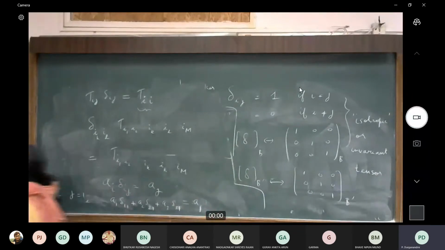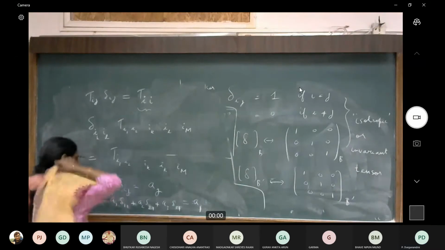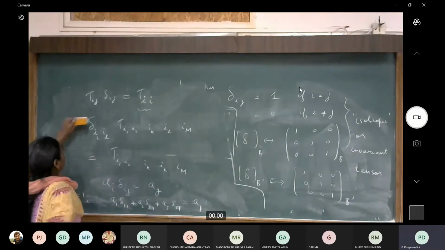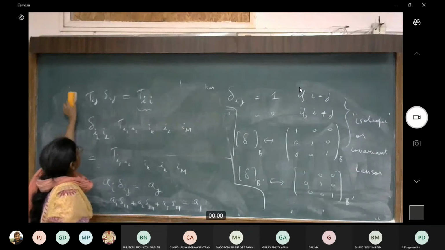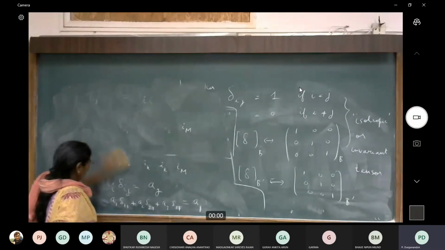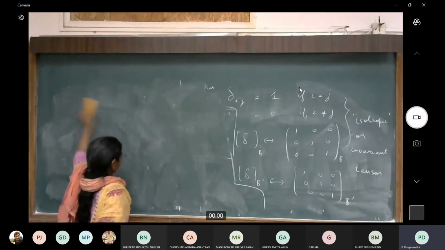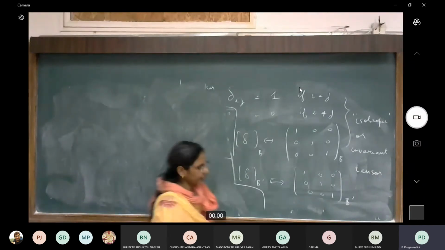We'll see more of this when we deal with examples later on. All right, and we will find that it's also very useful when we do our usual vector algebra. Again, I'll demonstrate that when we do examples.